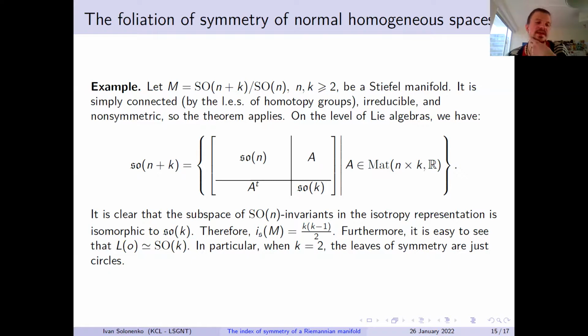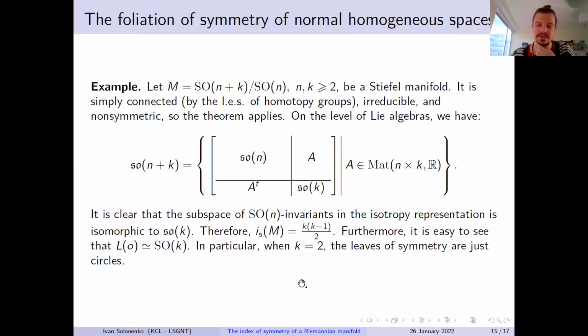So the method is fairly technical. I don't think there are results in their paper which are very conceptual. But what they do is they look at the local de Rham decomposition of each leaf of symmetry, and they compare the flat part of the de Rham decomposition of the leaf of symmetry and this space of fixed vectors of the isotropy representation.